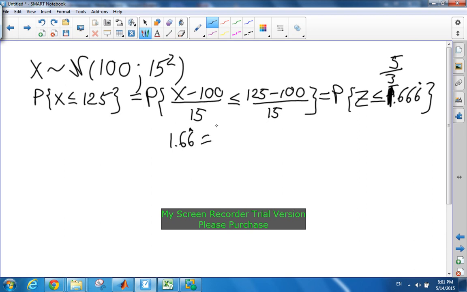If you look at 1.66 and 1.67, this number is 1/3 of the distance of the two numbers far from the upper one, and 2/3 far from the lower one. In other words, we can write this number 5/3. Maybe I should write here 5/3.